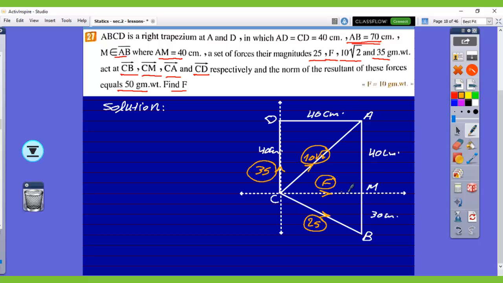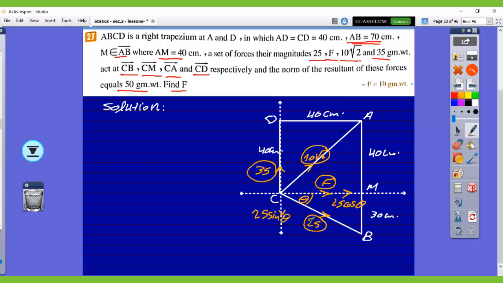Let the angle between CM and CB equal theta. So the two components of the force 25 are, the first one 25 cosine theta, and the other 25 sin theta.